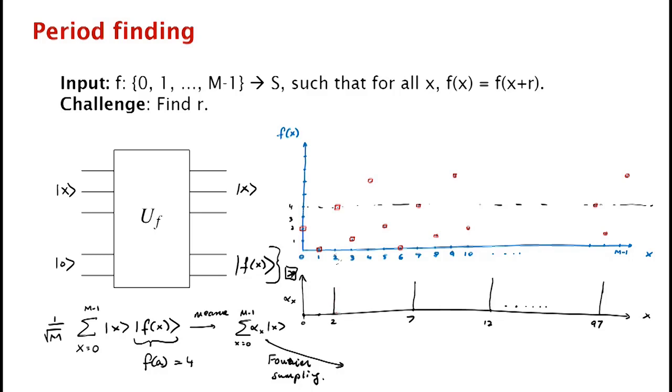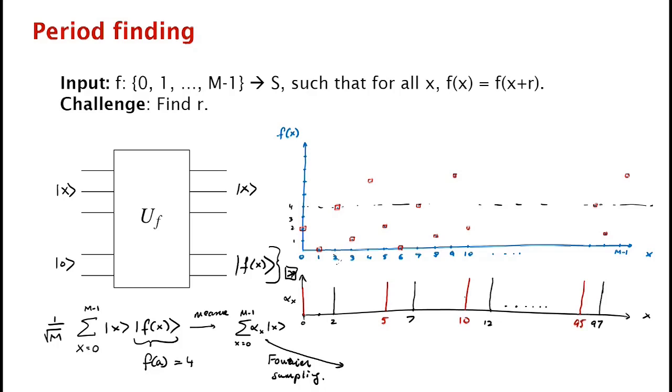So we could shift this periodic superposition back so that our first non-zero is not at 2 but at 0. And now what happens to the rest? Well, this shifts back to 5, that shifts back to 10, this shifts back to 95.